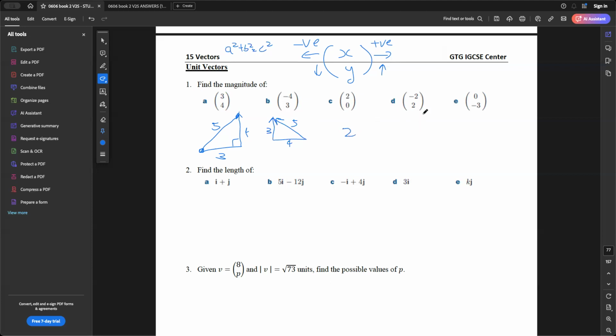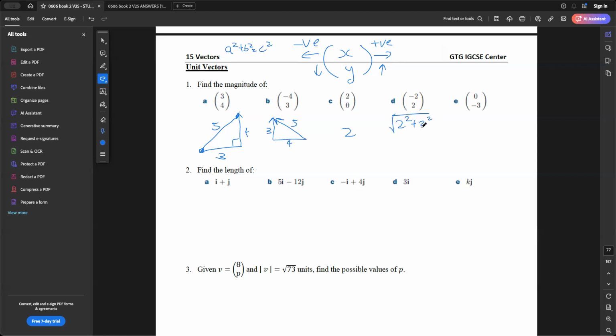Next one. Anyway, this is 2 square plus 2 square.